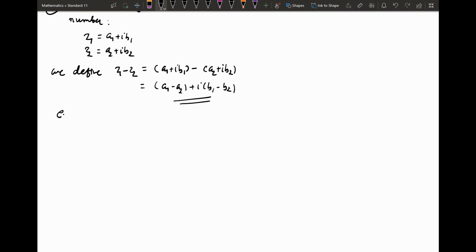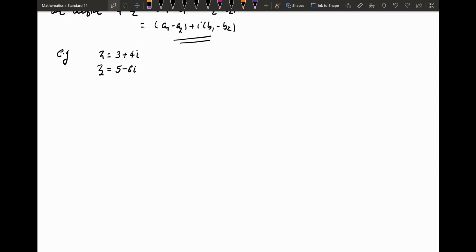As an example, suppose z1 equals 3 plus 4i and z2 equals 5 minus 6i. To obtain z1 minus z2, it is 3 plus 4i minus 5 minus 6i.